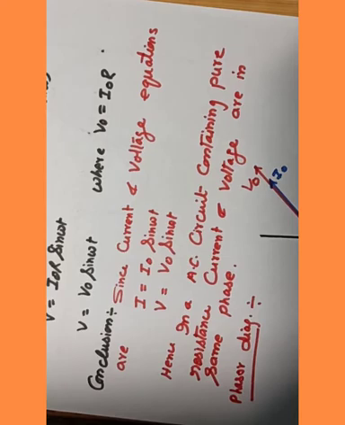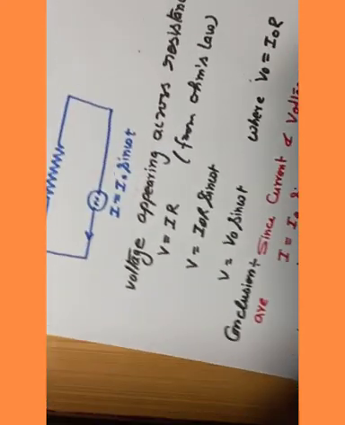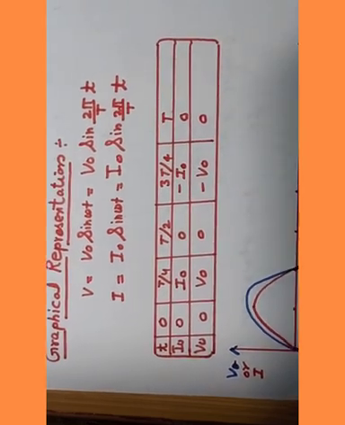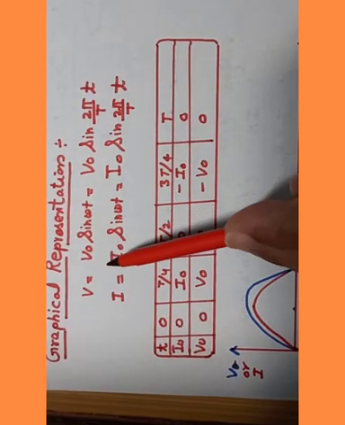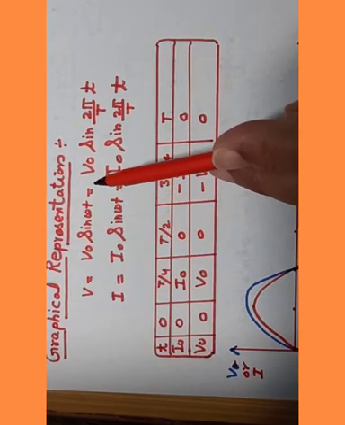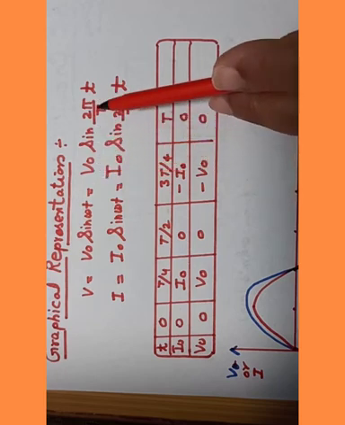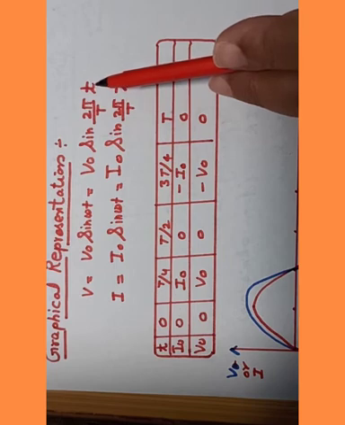We can also discuss the graphical relation between the current and voltage. For this, you can see V equal to V naught sine omega t, which is equal to V naught sine 2 pi by T into small t.